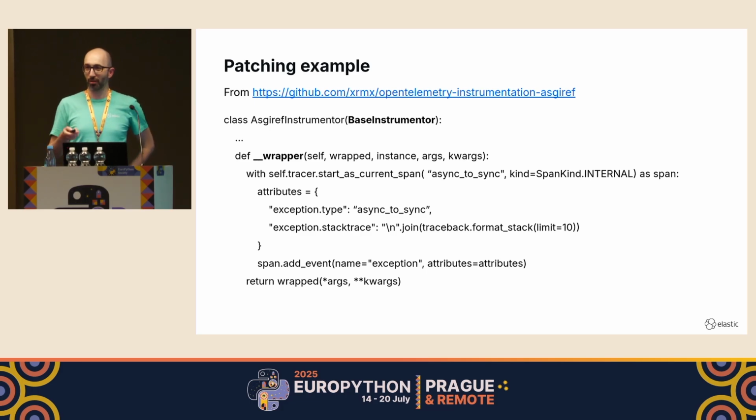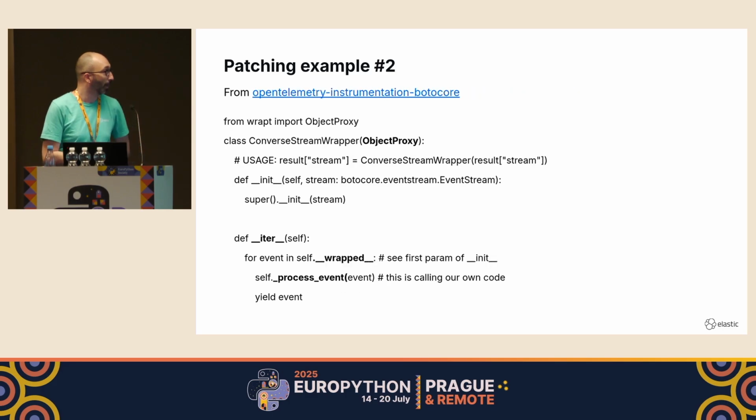If any of you is a Django developer, maybe you know that the async support is not complete yet. And then another example, from a real instrumentation, is wrapping a class providing a stream. This is from the Botocore instrumentation.